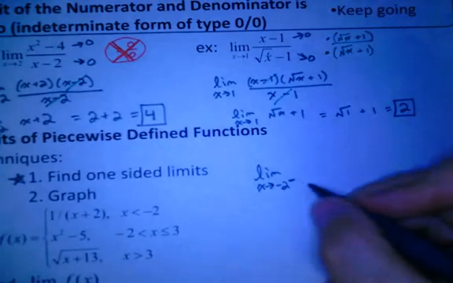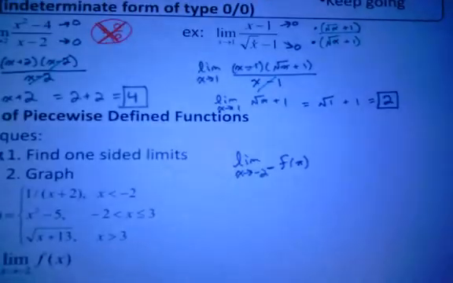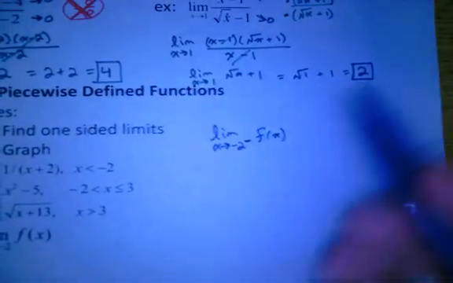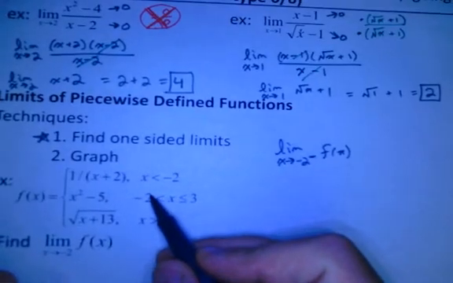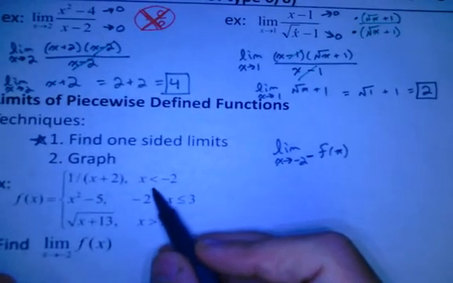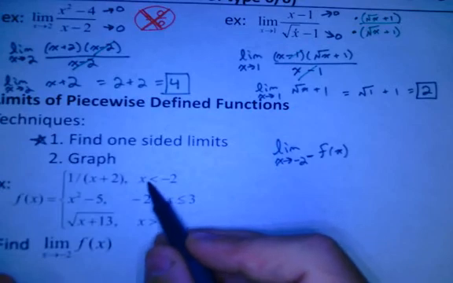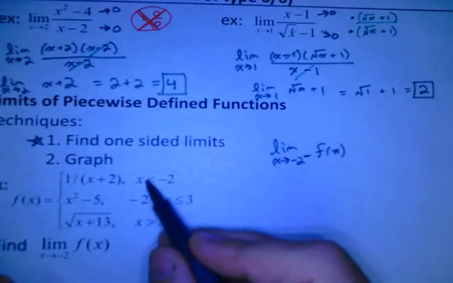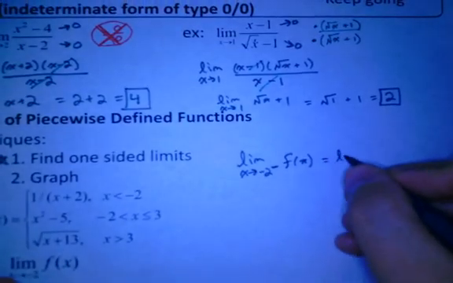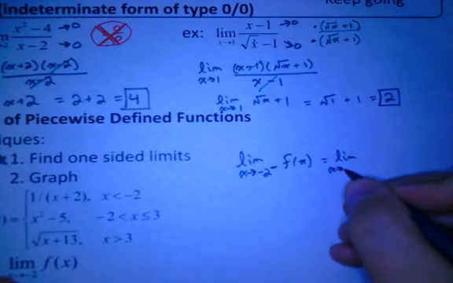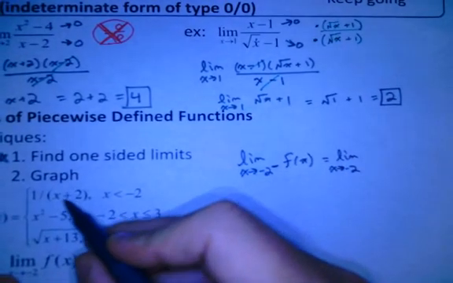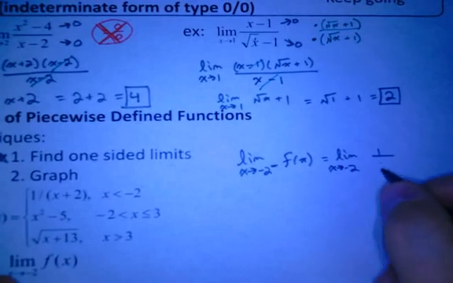I'm going to find that value. So my piecewise function, we're looking at negative 2, and this is when x is less than negative 2, so this is the left value. So this is going to be equal to the limit as x approaches negative 2. So again, I'm using this part of the piece, 1 over x plus 2.